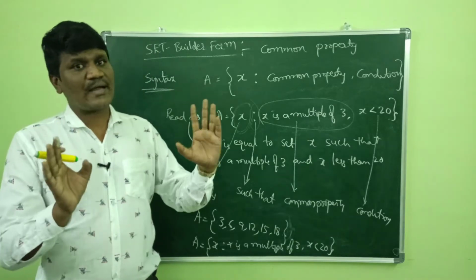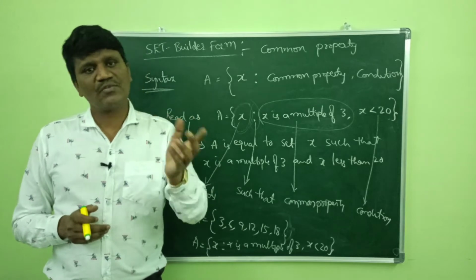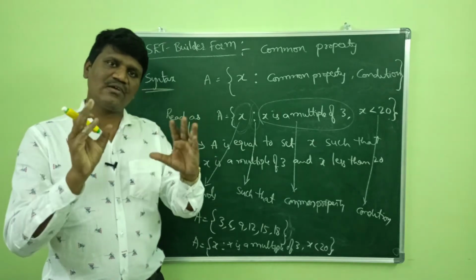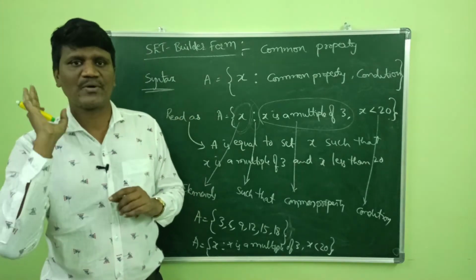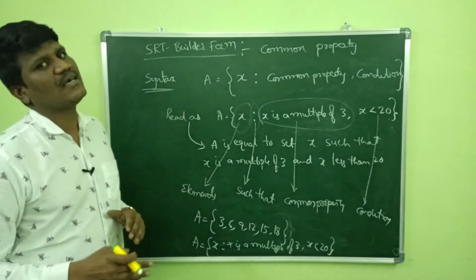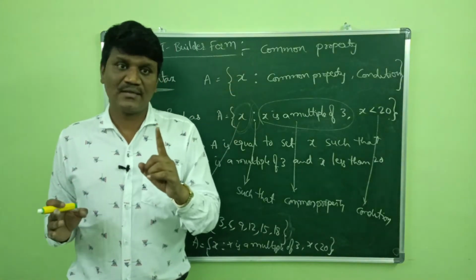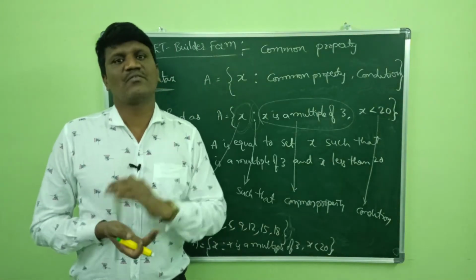It is easy to write from set builder form to roster form, but when writing from roster form to set builder form, you should be very careful to find the common property. So what is the common property there? What type of condition are they using? These 3 points are mainly important while writing the roster form to set builder form.